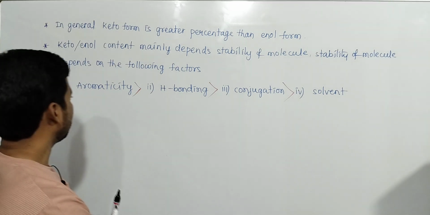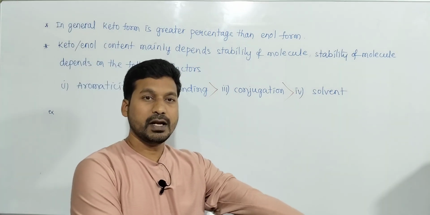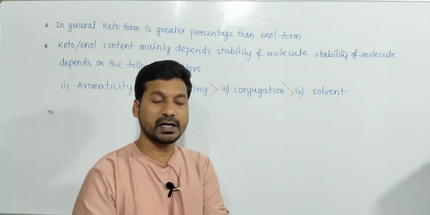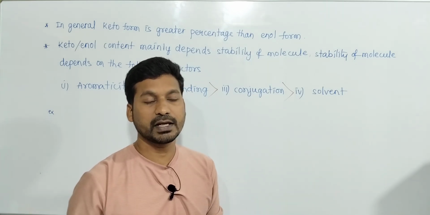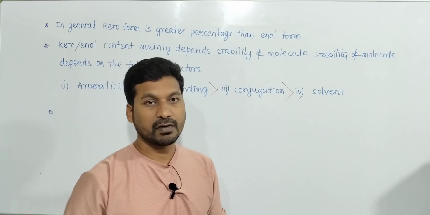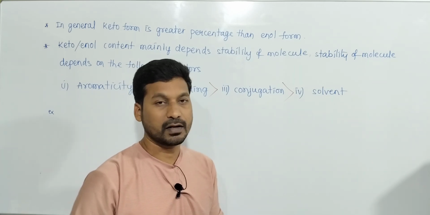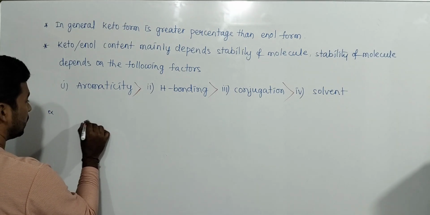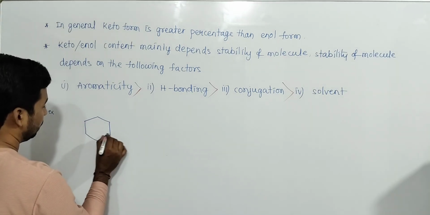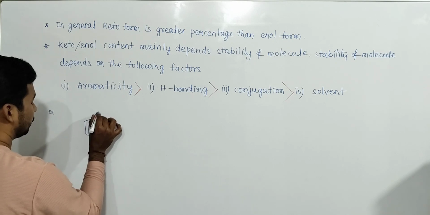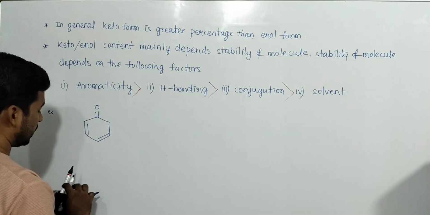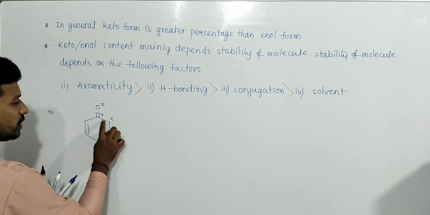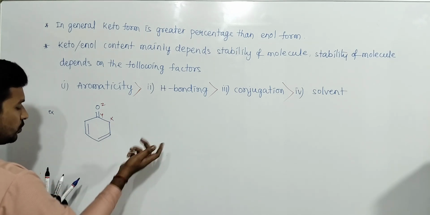I am not going to explain here what aromaticity is. Aromaticity is a separate topic, one of the 15 topics in basics of organic chemistry. I will explain in next videos. So here, if you see this keto form, the Z atom, Y atom, X atom; X contains 2 hydrogens. Only 2 bonds for this carbon, 2 more hydrogens.